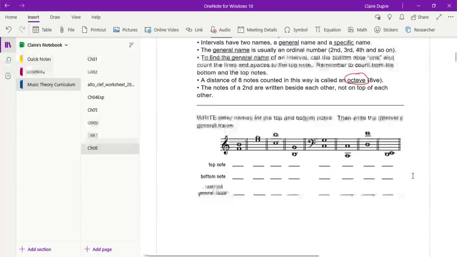So, you can take a look at this. We're on treble and bass clef here. We're going to write letter names for the top and bottom notes, then write the interval's general name. So let's do the top note. Top note's middle line, every good boy, B. We're on treble clef. Always check the clef.